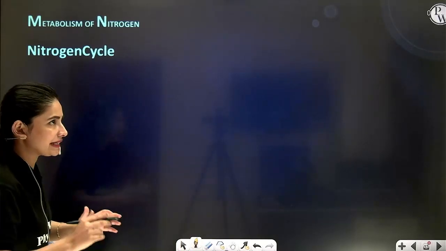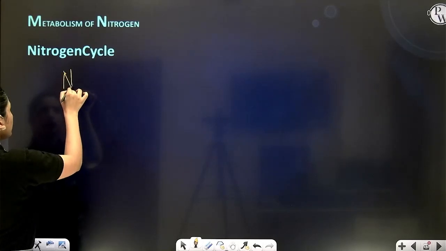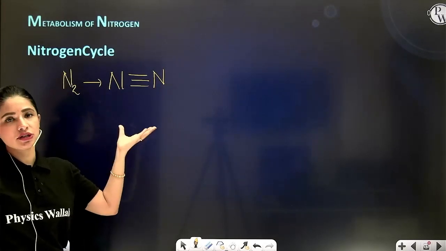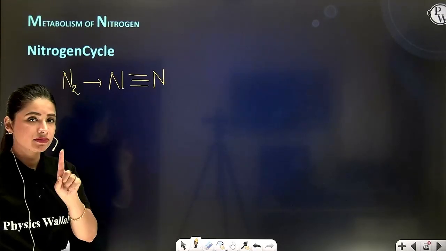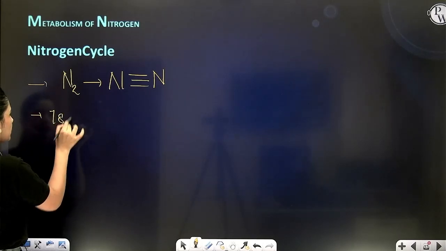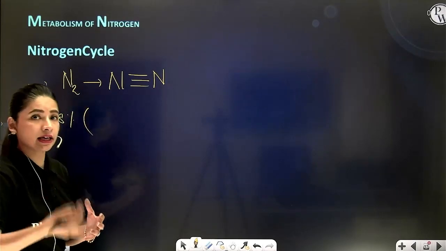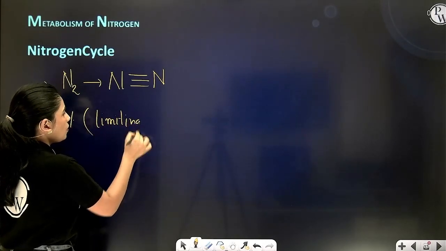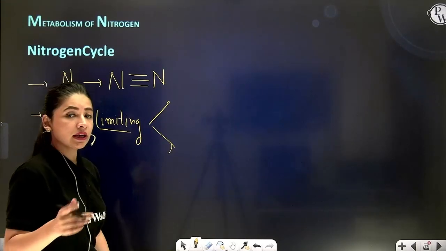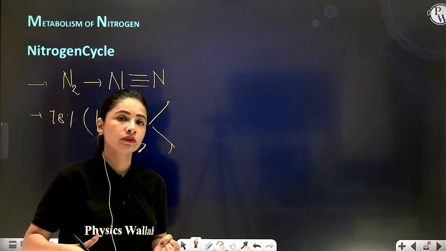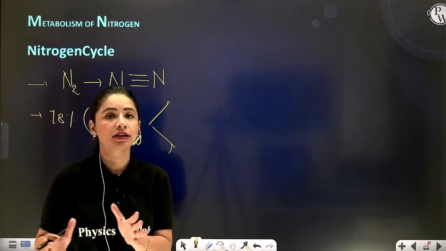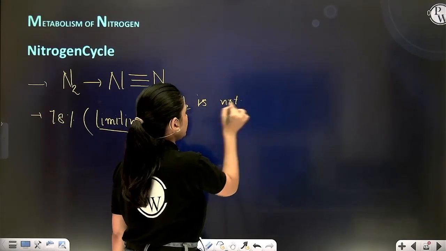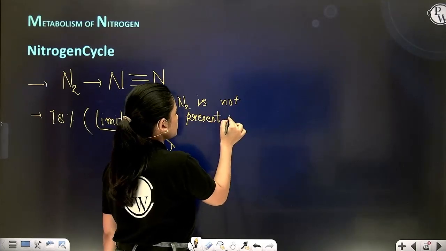So what have I told you so far? First of all, nitrogen exists in divalent state. The nitrogen molecule is made up of two nitrogen atoms joined with the help of three covalent bonds. Therefore, the dissociation energy of this nitrogen molecule is quite high. Second, in the atmosphere it is about 78%, but even after having such a high concentration in the atmosphere, it is still limiting. Why is it limiting? There are two reasons. First, nitrogen is usually not present in usable form.